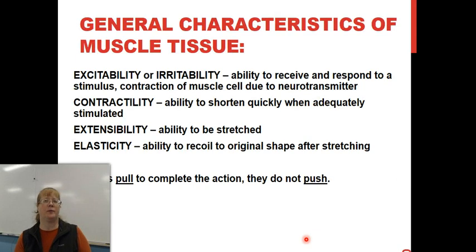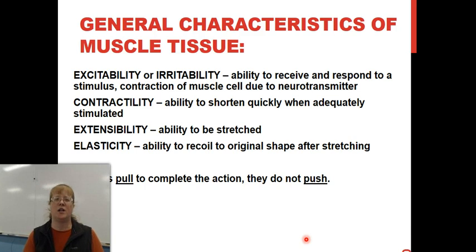General functions and characteristics of the muscle tissue are listed here on this slide. We want to talk about these general characteristics for a little bit. With muscle cells, they are excitable or have irritability. That means they're a very specialized cell that is able to respond to a neuron sending an action potential down that neuron, so they can respond to the stimulus and react.